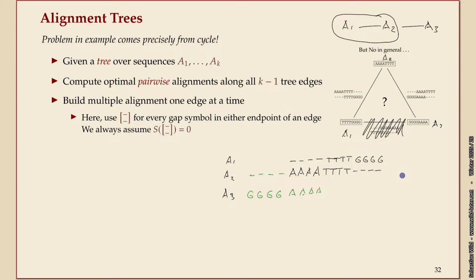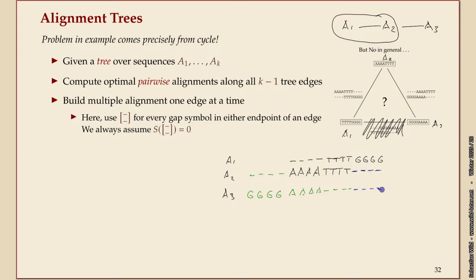Sorry, yeah, missing these 4. There are some other columns that are gaps in A2 that didn't exist in our alignment for A2 and A3. That's these 4. For these, we just add another round of gaps in A3, and we still retain a valid alignment.